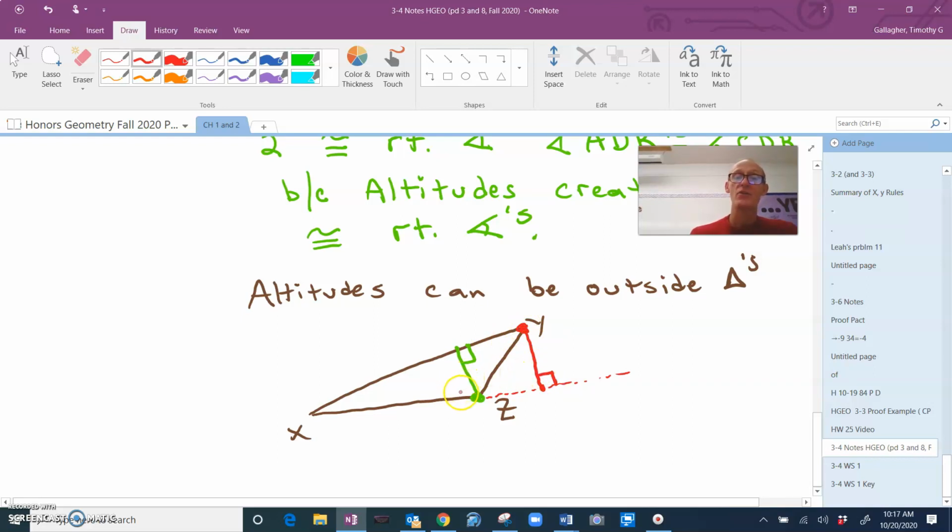And then the third one is even trickier. Here's the third altitude. This is the side that it has to be perpendicular to, ZY. So the altitude is perpendicular to this side. Well, it's tough to see, but it's right here.